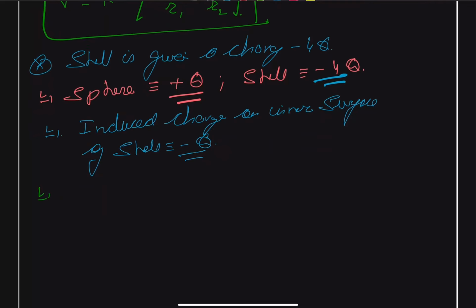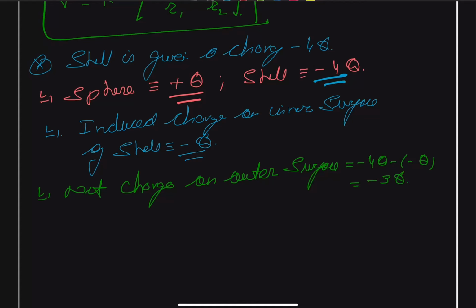So we can say net charge on outer surface will be equal to minus 4q minus of minus q, and this comes as minus 3q.